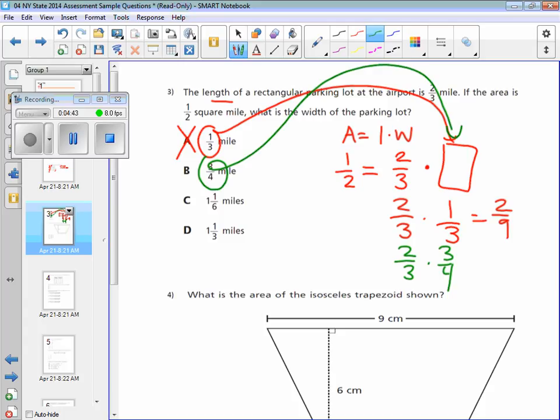Look at this pair, or look at this pair. Is there a number that goes into both 2 and 4? What number? 2 goes into 2 how many times? Cross it out and make it 1. 2 goes into 4 how many times? I'm going to cross it out and make it a 2.